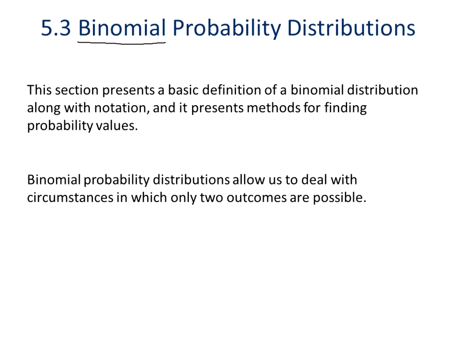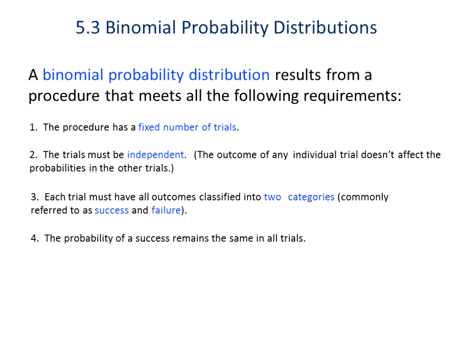So these binomial distributions are going to allow us to deal with circumstances in which only 2 outcomes are possible. But there's certain requirements. And so a binomial probability distribution results from a procedure that meets all of these requirements.